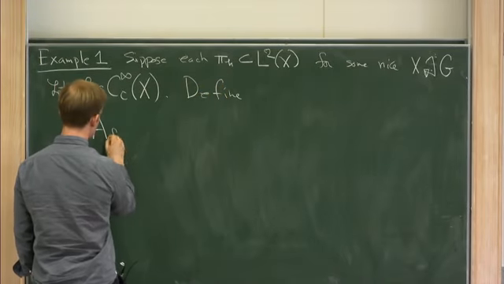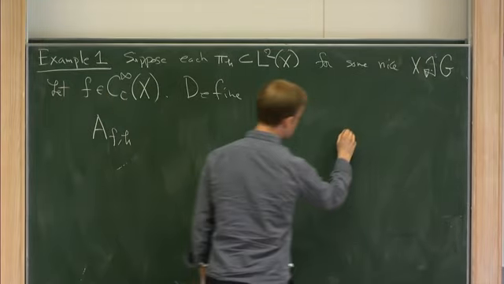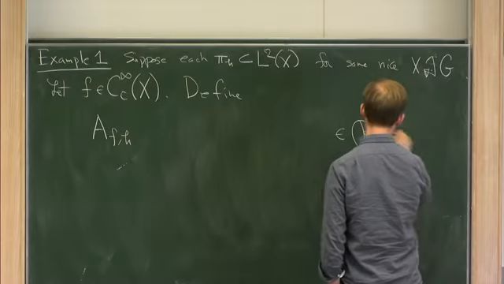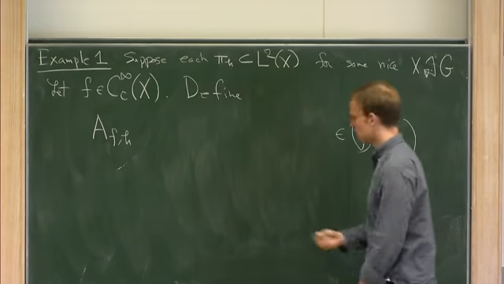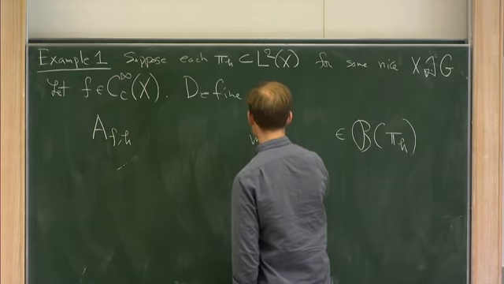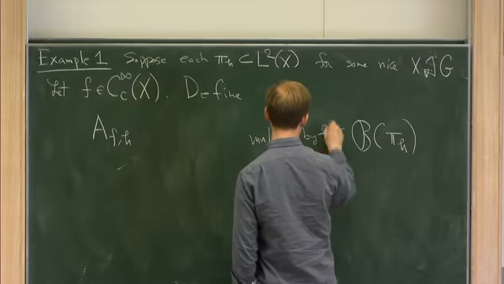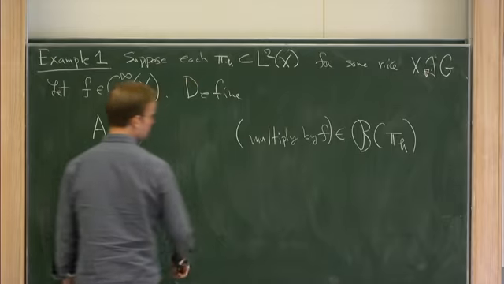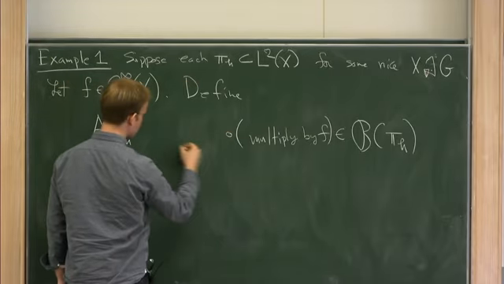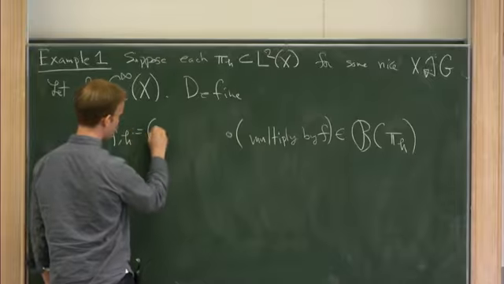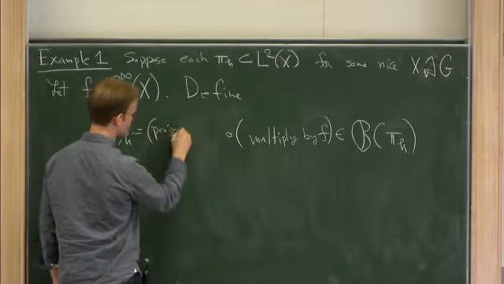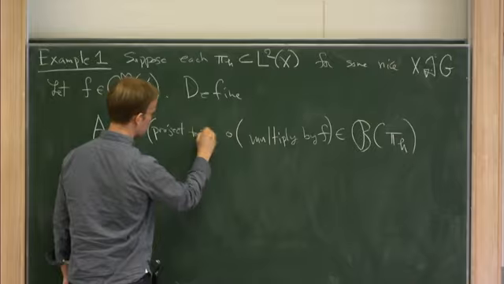I'll denote the operators by AFH. They ultimately act on pi h, and they'll be given basically by multiplication by f. And then to get an operator on pi, we have to project back down to pi h.